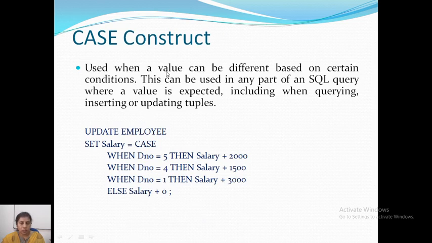It is used, for example, when you want to check some attribute values, and according to those values you need to set other attribute values. You have to update some attribute values, or insert tuples according to the different values of the attributes. Then we use the case construct.